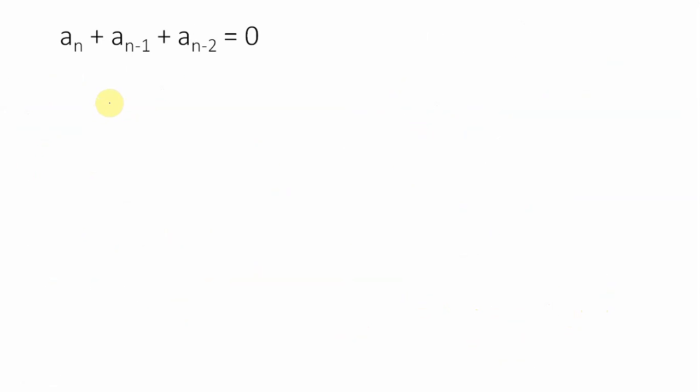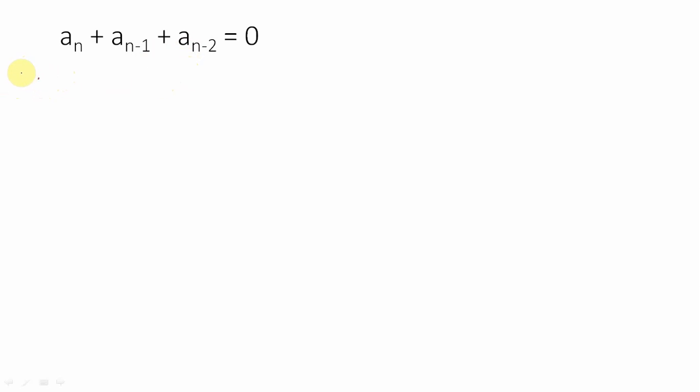AN plus AN minus 1 plus AN minus 2 is equal to 0. Once again, let's find the characteristic equation of the recurrence relation. This time I'm writing it directly.